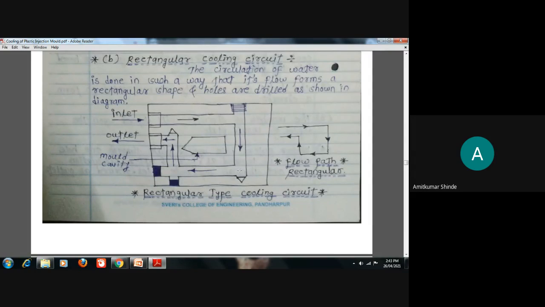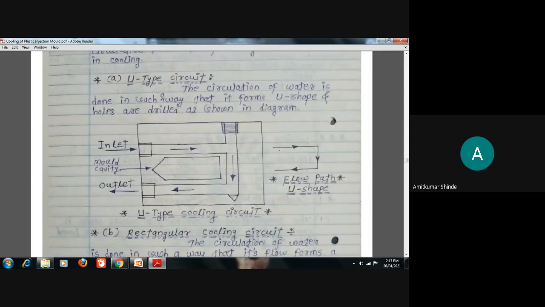After entering through the inlet, the path followed by the working fluid until it comes out from the outlet is of a rectangular shape as shown in this diagram. Then this type of cooling circuit will be termed as a rectangular type of cooling circuit, depending on the path followed.